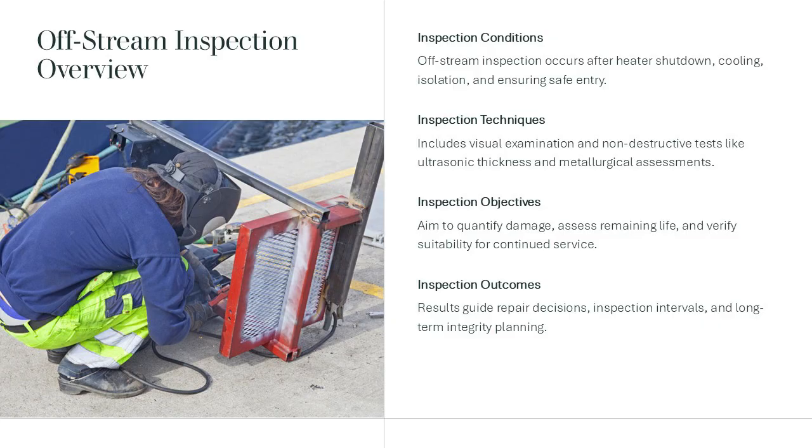The objective is to quantify damage, assess remaining life, and verify whether components are fit for continued service. Findings from off-stream inspections form the basis for repair decisions, inspection interval adjustments, and long-term integrity planning.